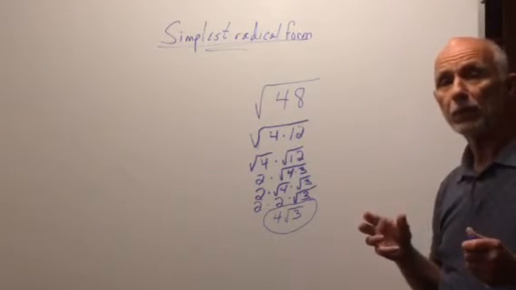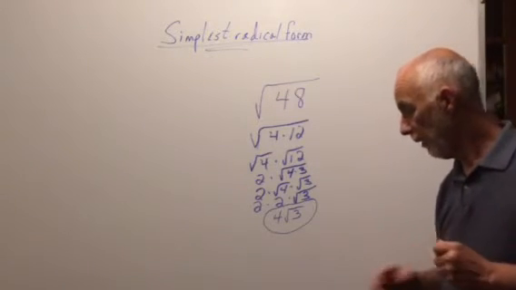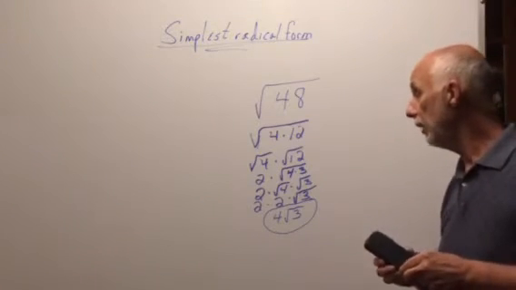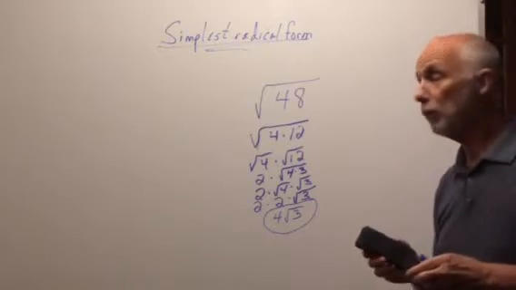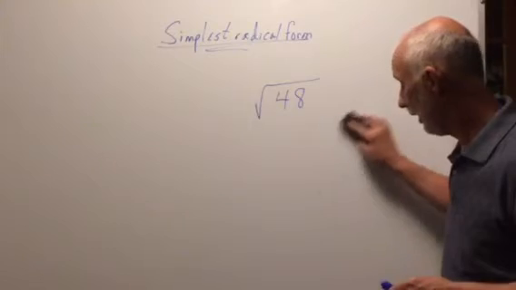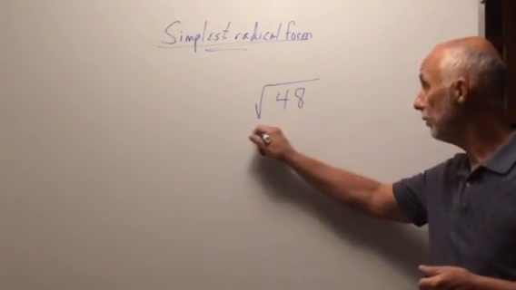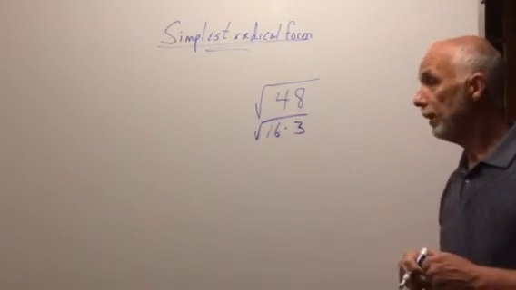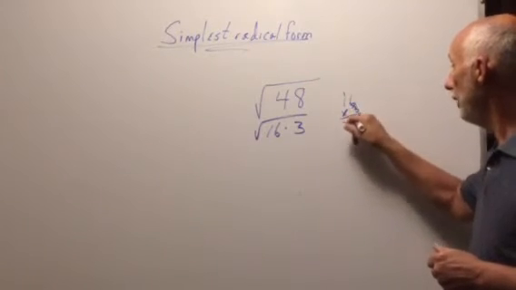You look at the number and you try to find a perfect square that goes into it evenly. By the way, in most textbooks and in high school when they teach this, they just expect you to know your times tables really well so you could figure it out. I think a lot of teachers in high school might even expect that you know that 48 is equal to the square root of 16 times 3, because 16 times 3 is 48.